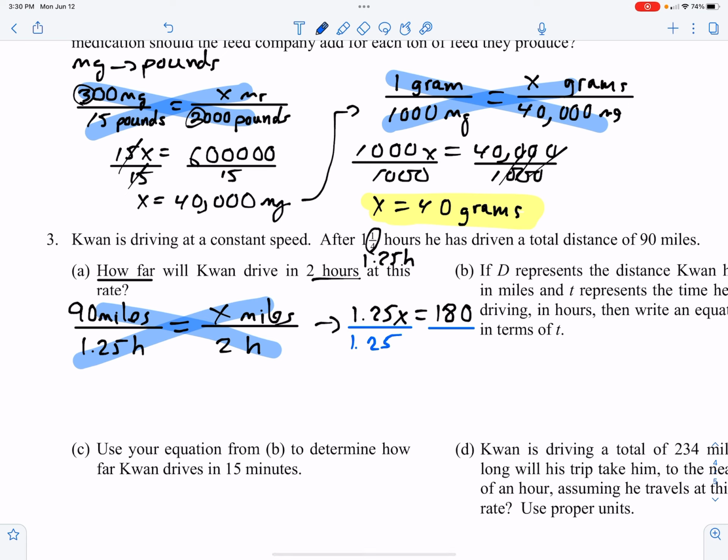Divide both sides by 1.25, and we are looking at 144 miles.